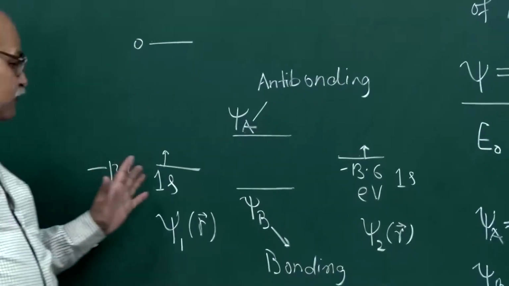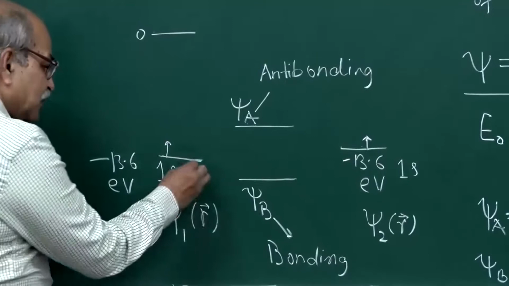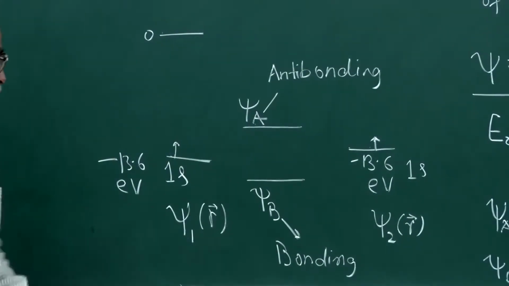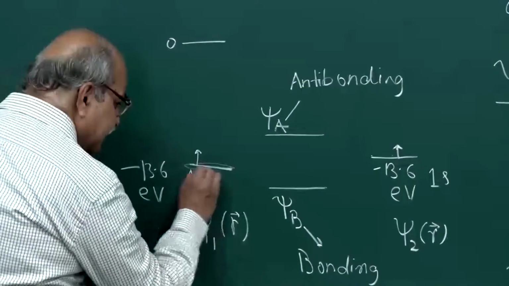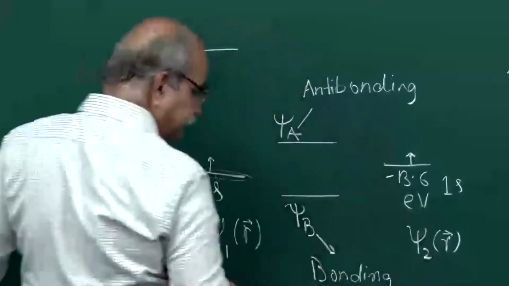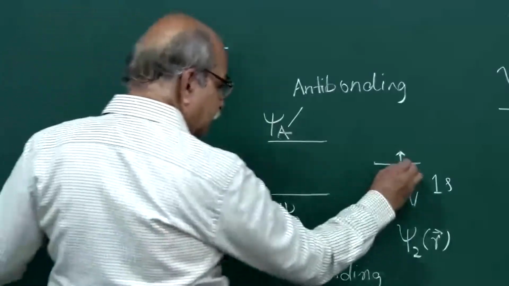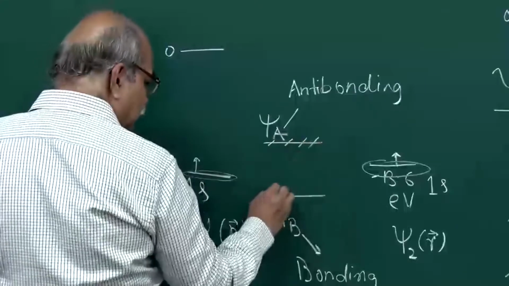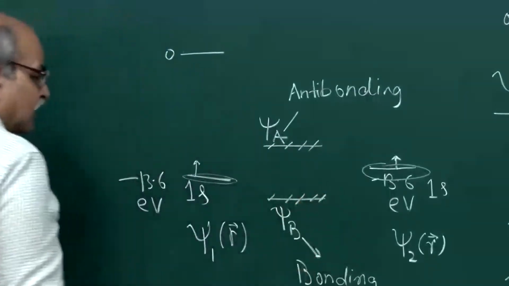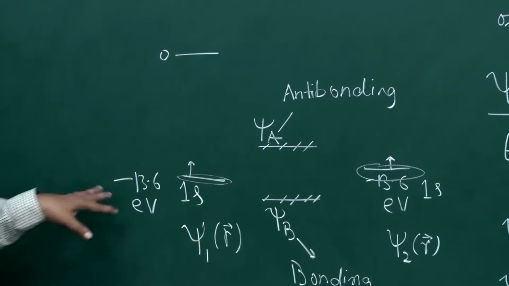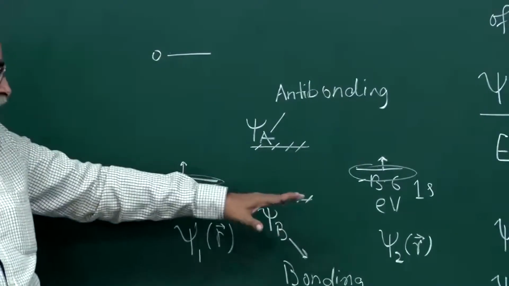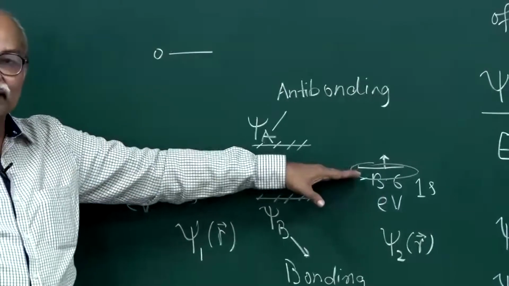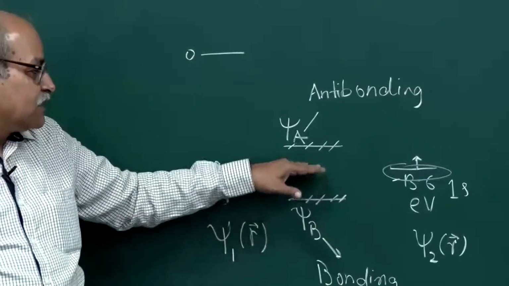You still have 4 quantum states. You had 4 quantum states, 2 quantum states here, 2 quantum states here. And again you have 2 quantum states and 2 quantum states. So the number of quantum states remains the same, but the energy which was just minus 13.6 eV when the atoms were far apart is now split in 2 parts.